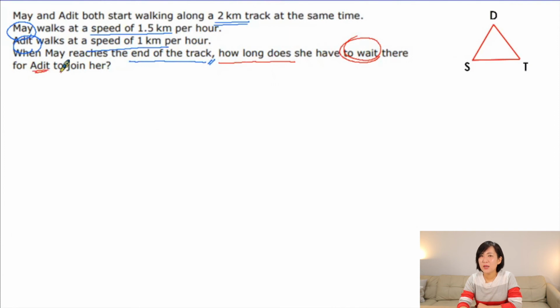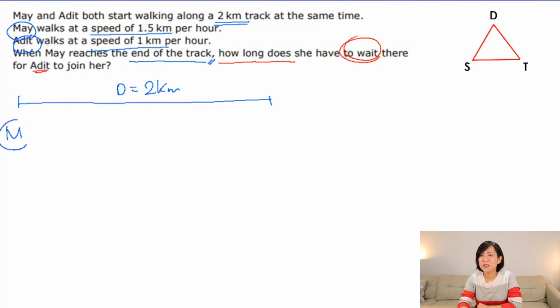So now, let's have a look at May first, but our final goal is how long she waits. That means we need to figure out the time, right? So let's see, May. I'm going to draw to understand the context. Distance is 2 km. May's speed is 1.5 km per hour.